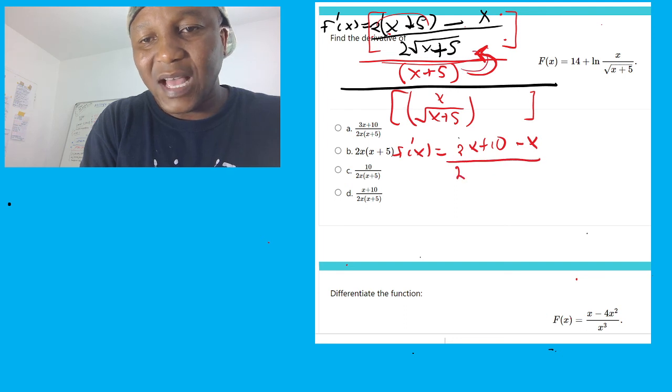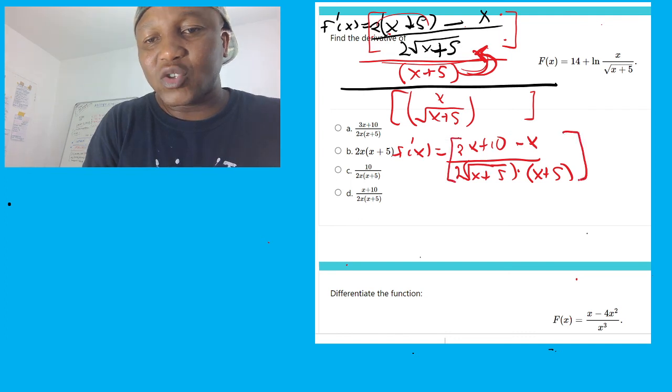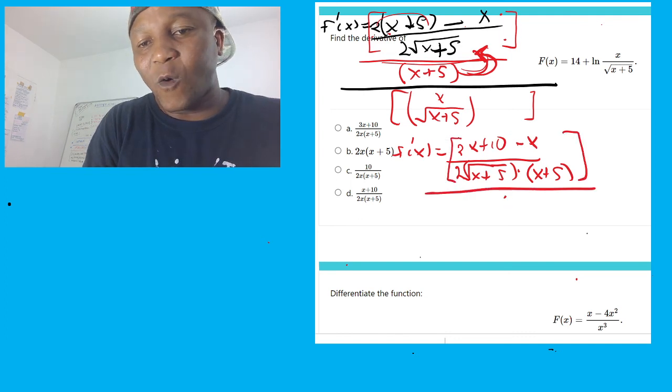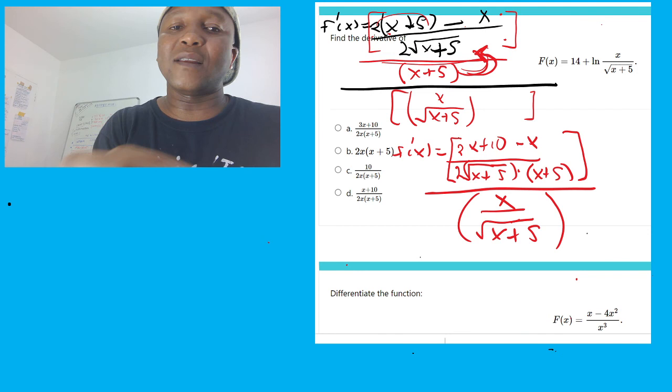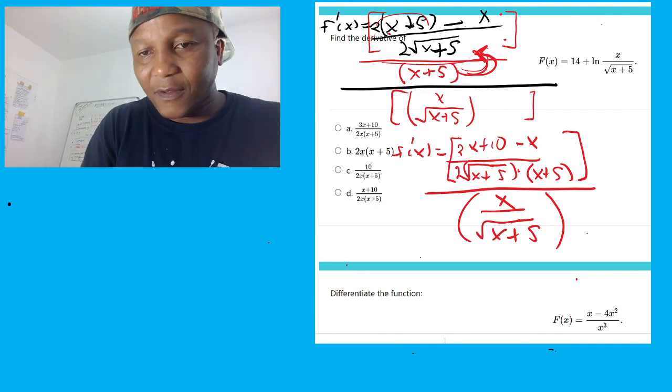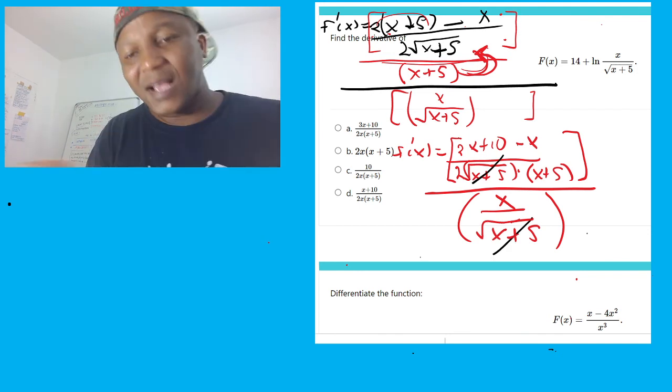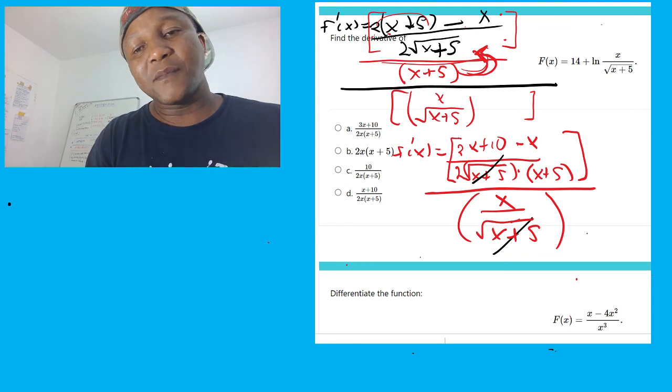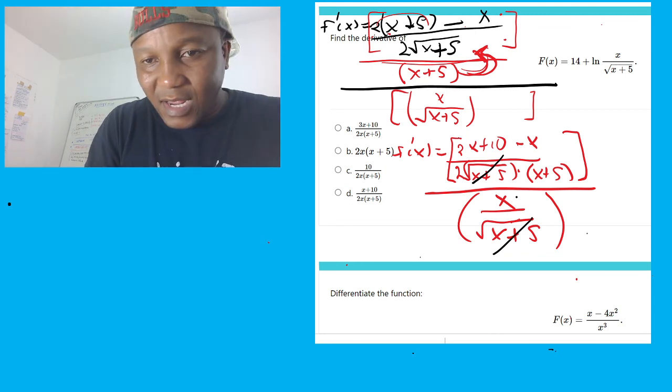So we still have our 2 there, square root of x plus 5, then multiplied by just x plus 5. This stuff just went there. So we over x, and then we got x plus 5. Check this out. This and that are gonna cancel. So then this is gonna come in here.